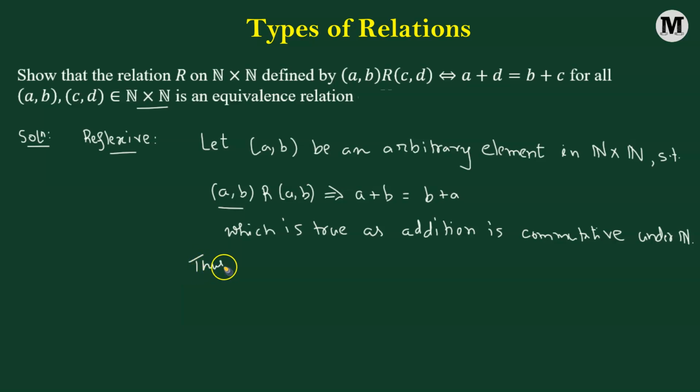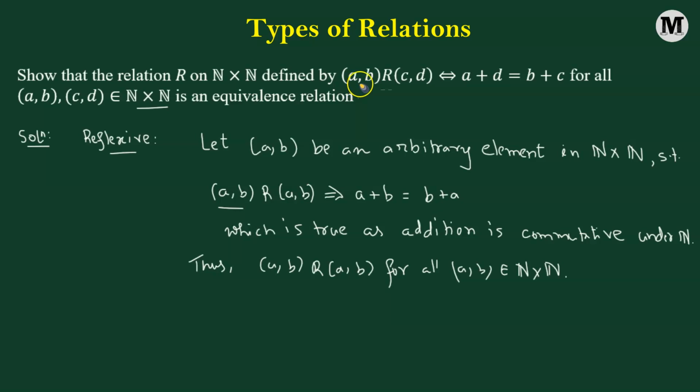Thus, we can say that (A, B) is related to (A, B) for all (A, B) belonging to the Cartesian product of the natural numbers with itself. If you are having any doubts how we got A + B = B + A, let's look at the original relation.